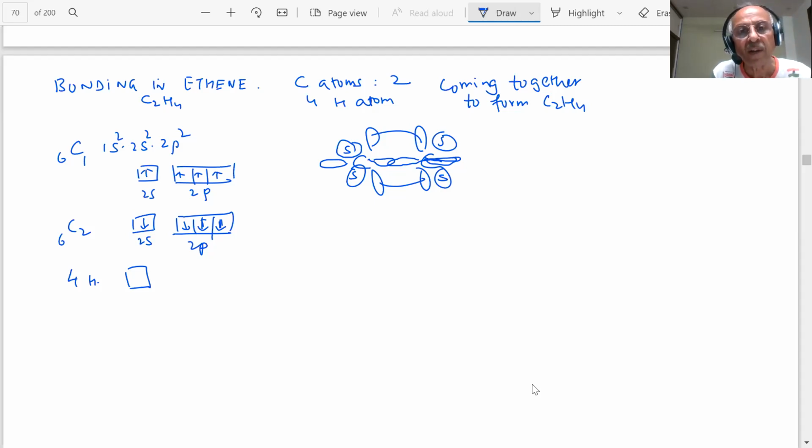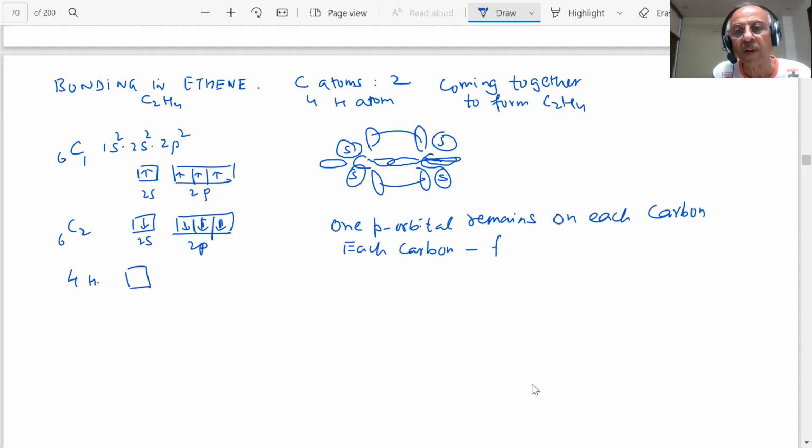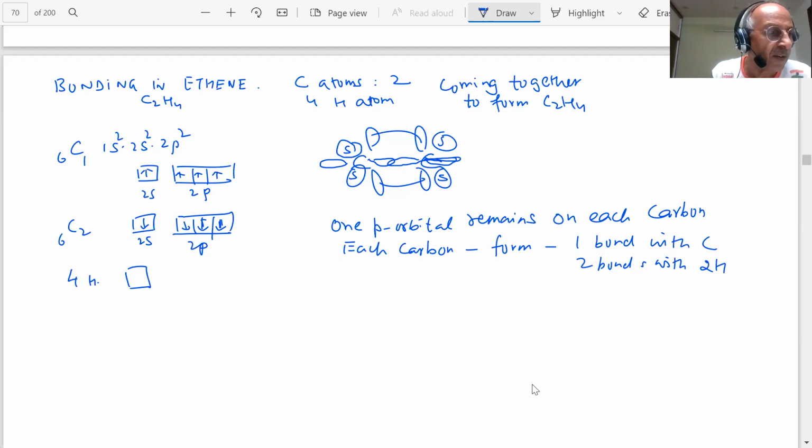What I am saying is that one p orbital remains on each carbon because each carbon is forming one bond with carbon and two bonds with two hydrogens. Okay? Yes, sir.